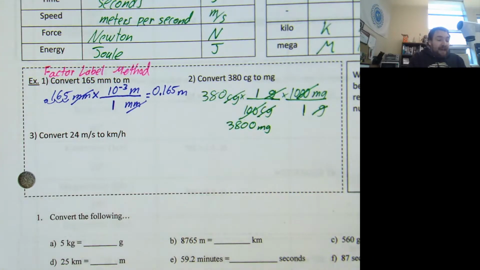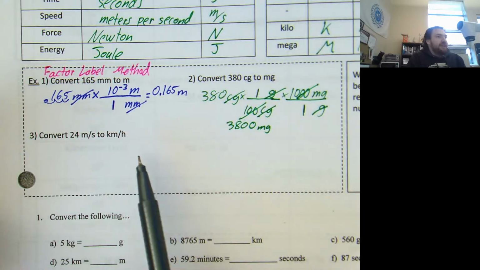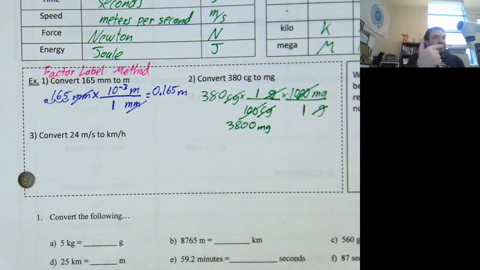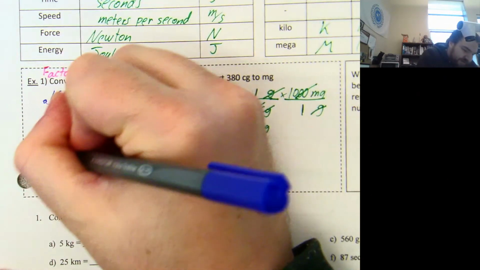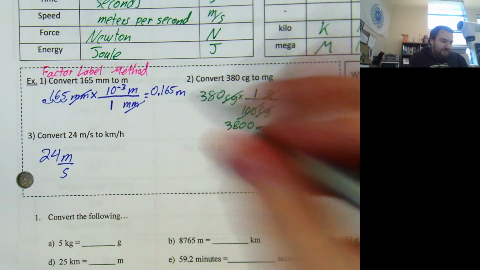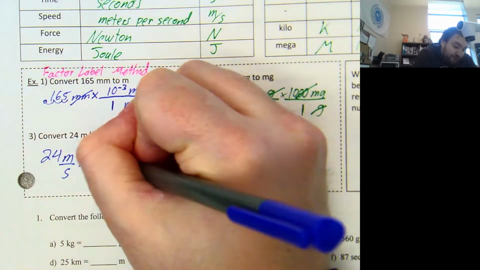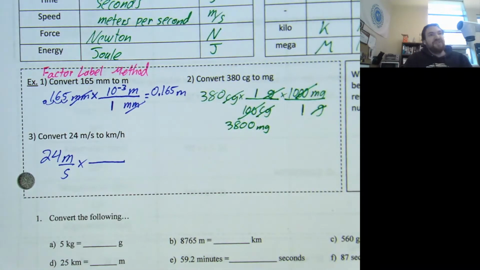And so for that, we're going to go through the same method, and we're going to convert this thing from meters per second into kilometers per hour. We're going to deal with each piece at a time. So let's do it. 24 meters per second. And we're going to write meters per second as a fraction because that's what it is. We're going to multiply this thing by, now you can choose, do you want to deal with the meters first or the seconds first?